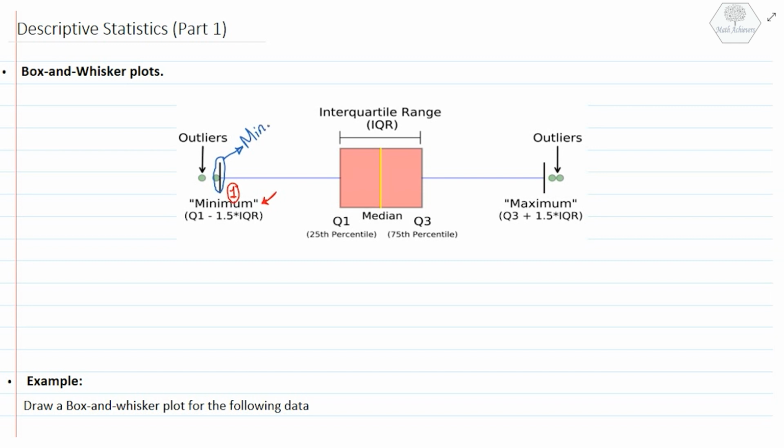The second value that we have to care about is the maximum value in our data. The same thing, this whisker in here represents the maximum value.